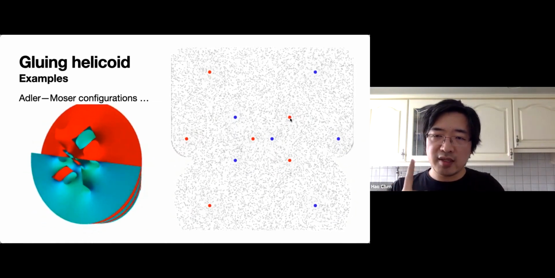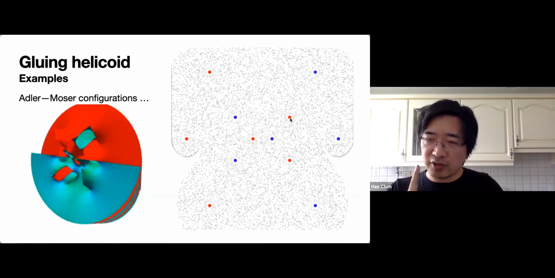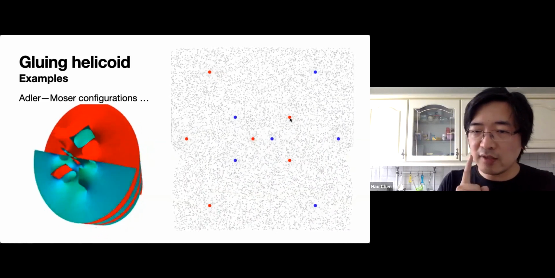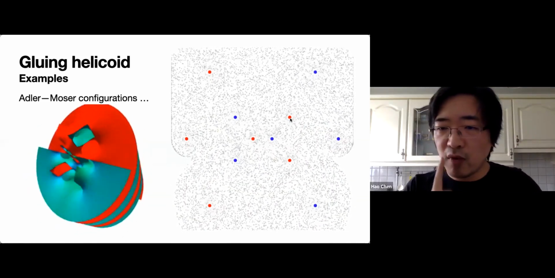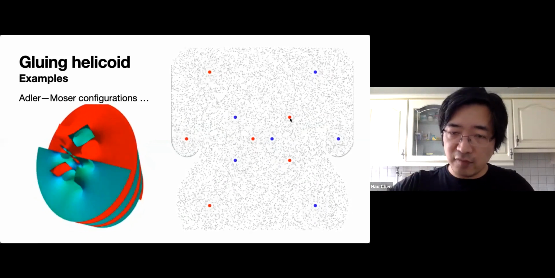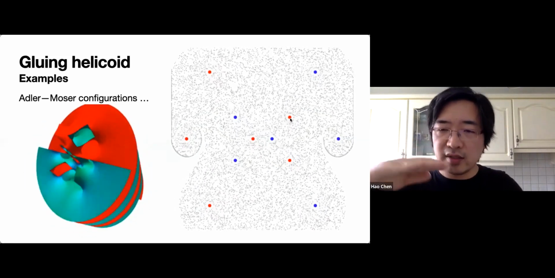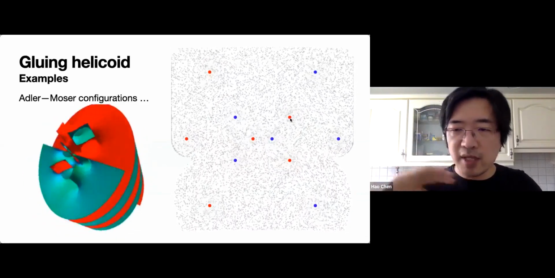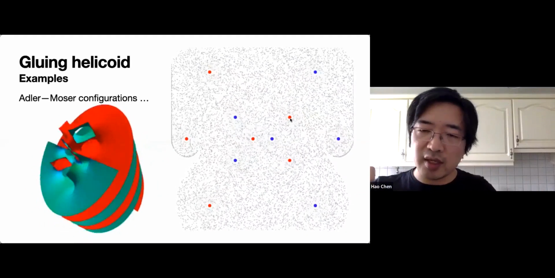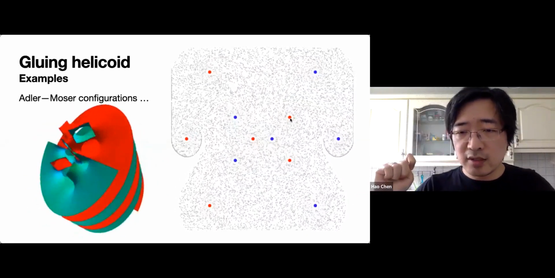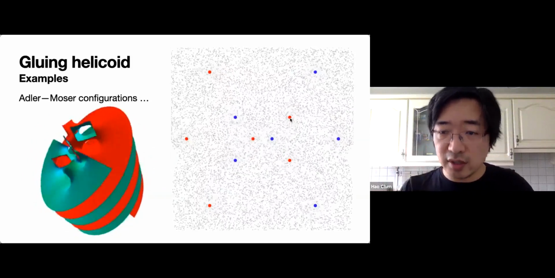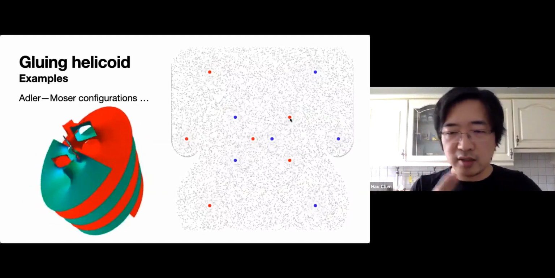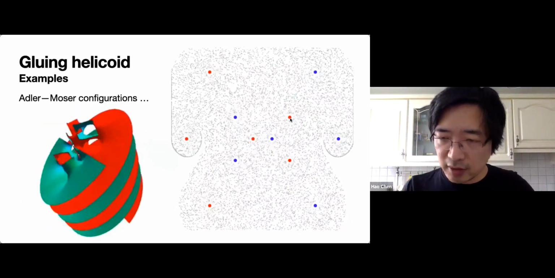Okay, and here is a new example. On the right is a vortex equilibrium in action. I promise that in making this video, I only fixed the position of one vortex, because otherwise the vortex configuration will flow away together as a rigid body. This is one of many vortex configurations known as the Adler-Moser configuration. This configuration is actually degenerate, which means that I cannot use the implicit function theorem directly.